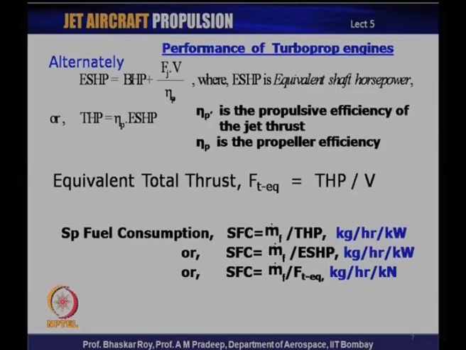However, the most common and popularly used one is the first one, SFC expressed per unit power, that is kilowatts, for turboprop engines, because turboprop engines are normally specified by the power consumed and not by the thrust that it produces during flight.